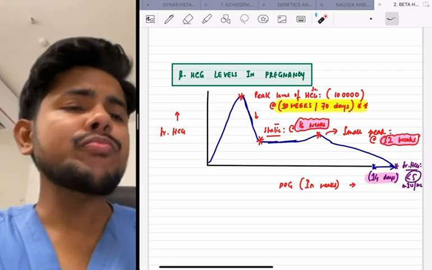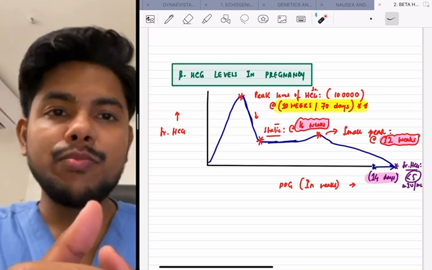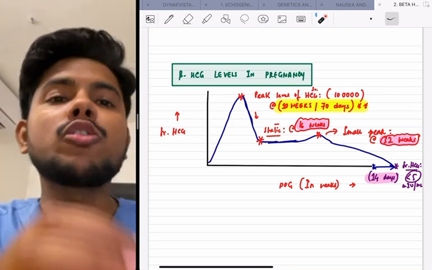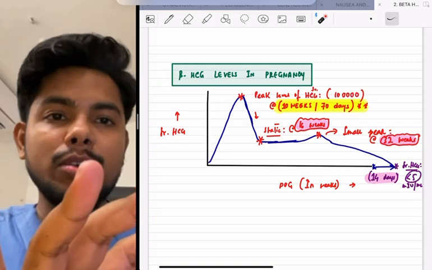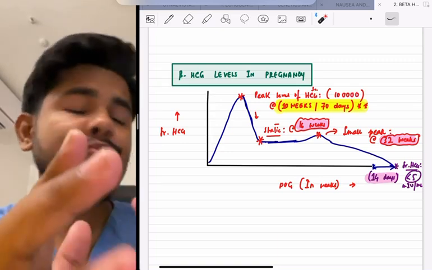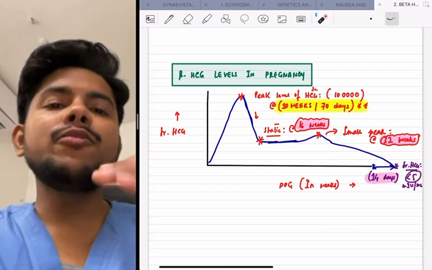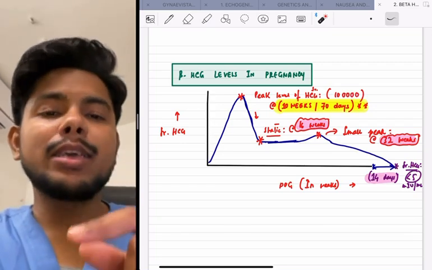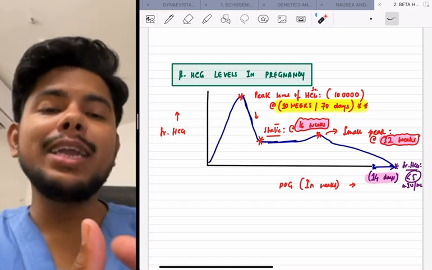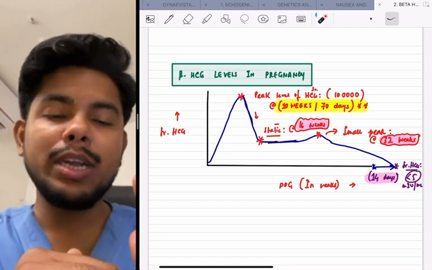Am I clear? If there is no fertilization, there is no pregnancy, the corpus luteum lives inside the ovary for almost 12 days. So if a female has a menstrual cycle of 28 days, on day 14 ovulation occurs, right?